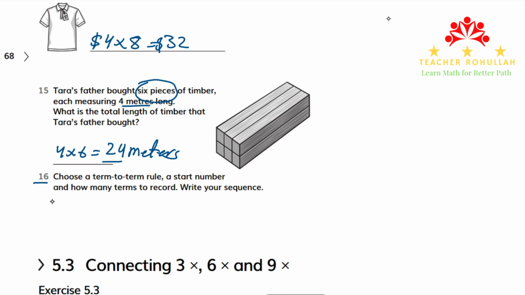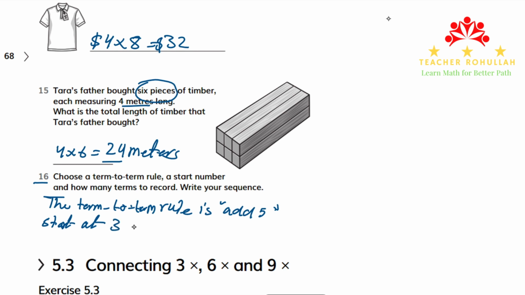For example, I say the term-to-term rule is add 5. Start at 3 and find the next 4 terms.